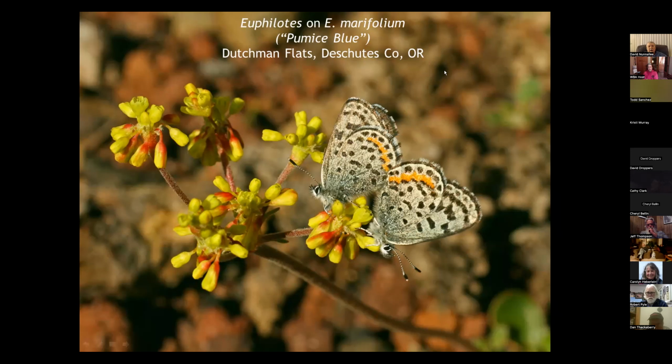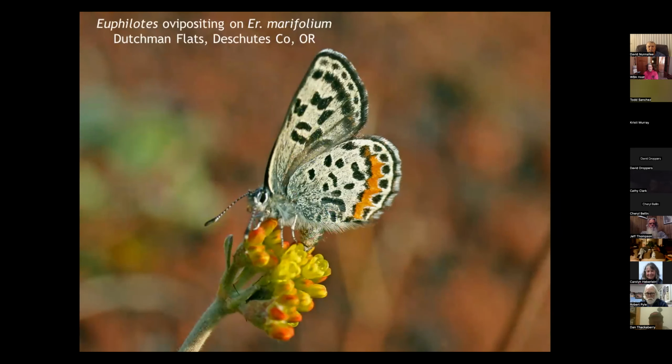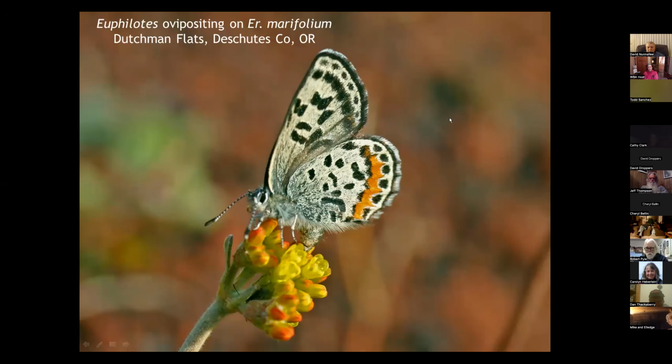You'll see this name pumice blue given to these Euphilotes. But again, we're not sure what they are, if they're anything different. And if they are different, then we have to wonder, are they found in Washington? Here's another Euphilotes. This one's actually ovipositing on the marifolium plant down there in Oregon.